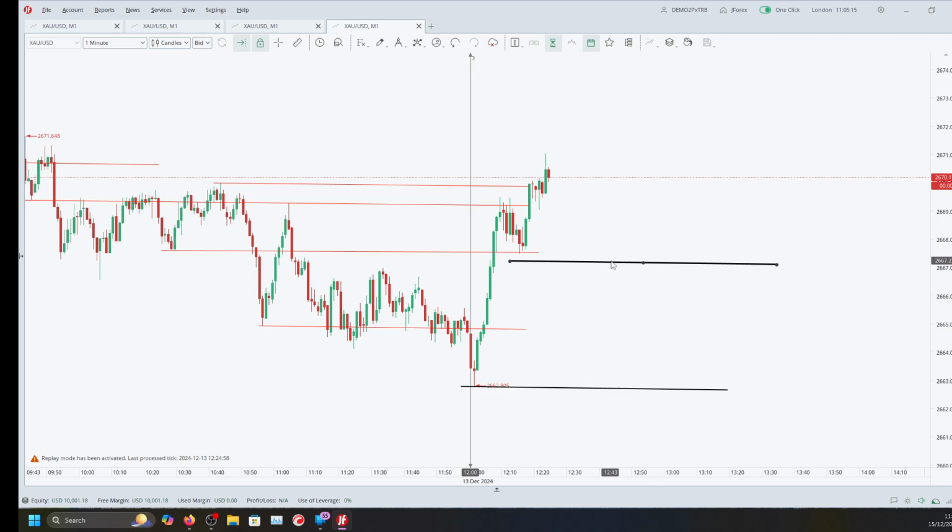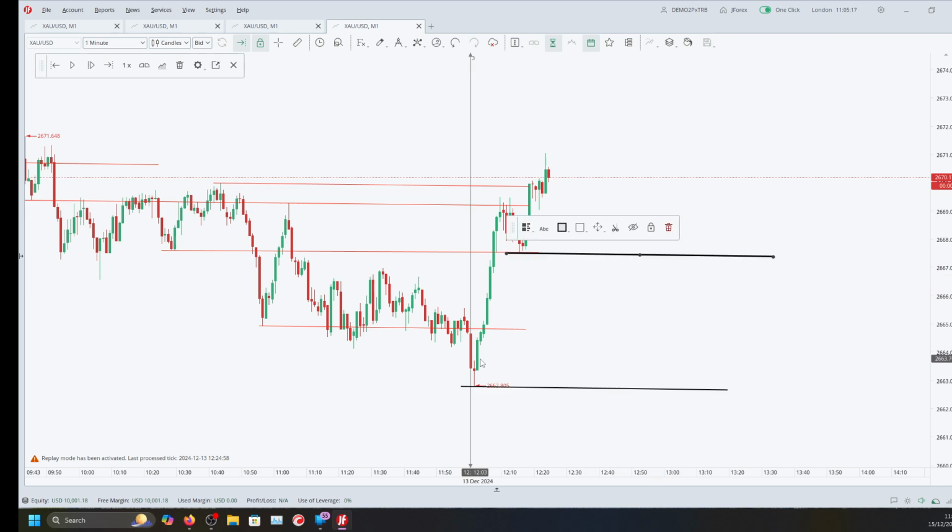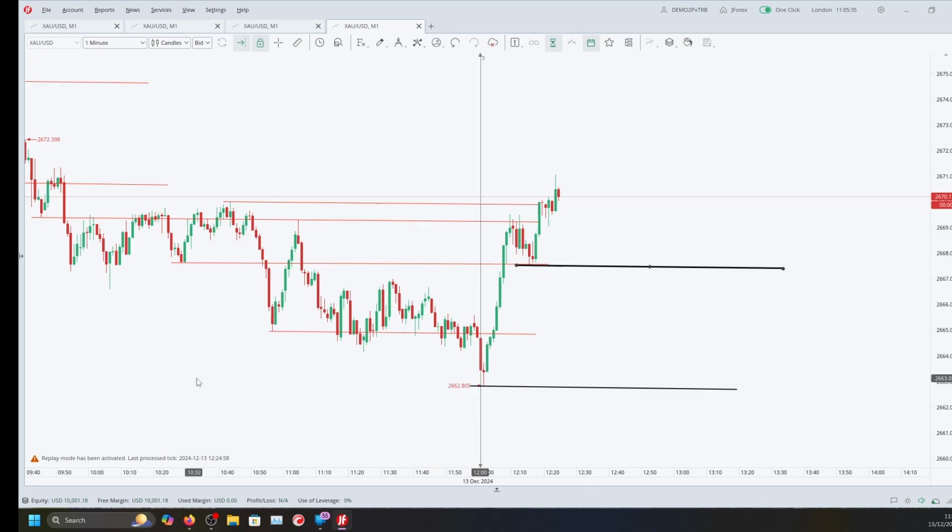So I'm always wary when the higher low is that far from the low. I want to see price reject through structure and come back immediately, give me a higher low, and then go again.